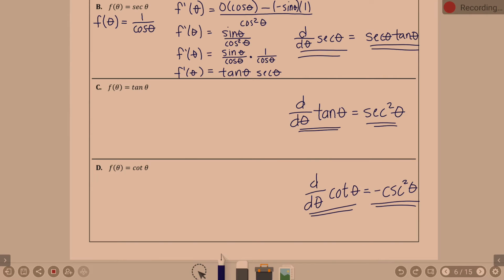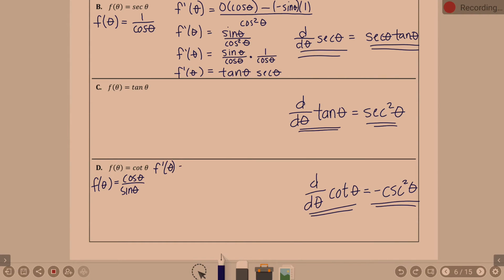Okay. Now, with this one, let's work through cotangent, okay? What do you know about cotangent as a fraction? Other than 1 over tangent. Cosine over sine. So, we're going to use the fact that it is cosine theta over sine theta.